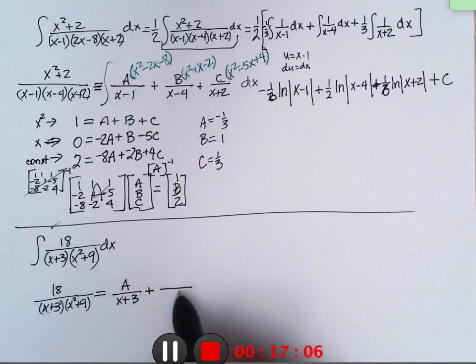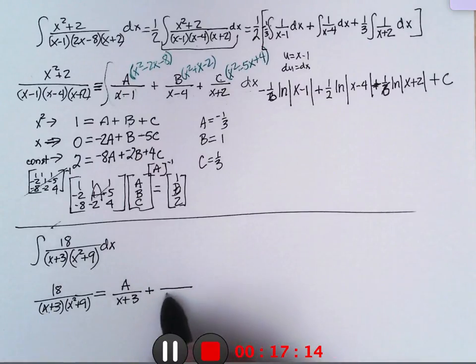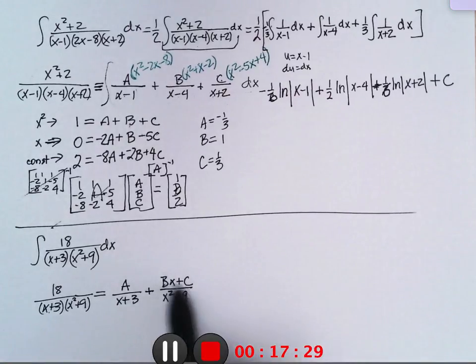See, this is a linear, it's degree 1, that has degree 0. So if we got a quadratic factor like x squared plus 9, we do a linear factor, which would be some number of x's plus a constant. So that's what we write as a linear factor over a quadratic denominator.